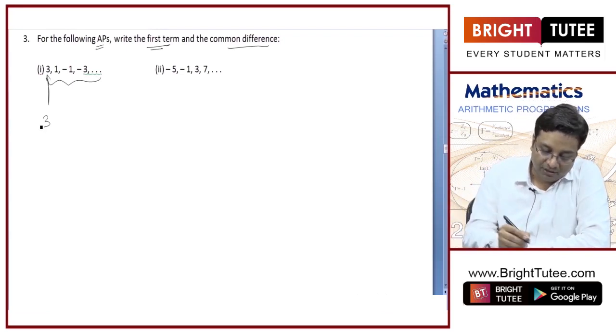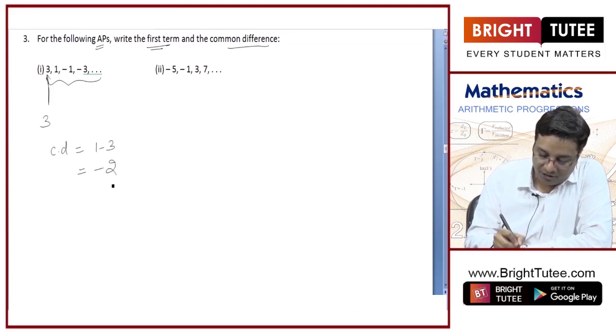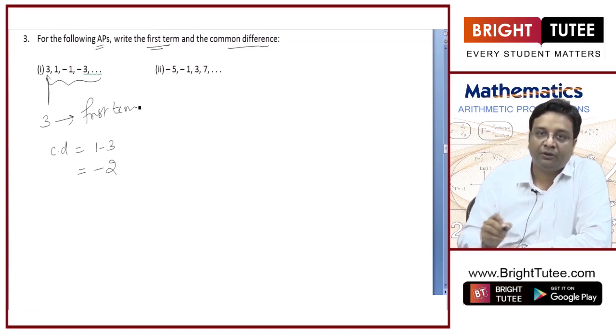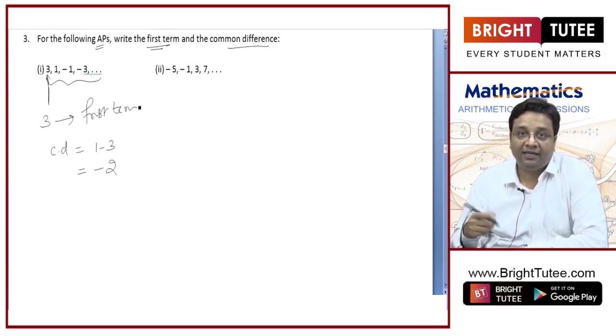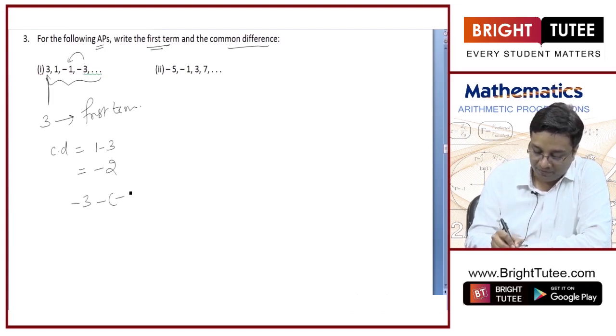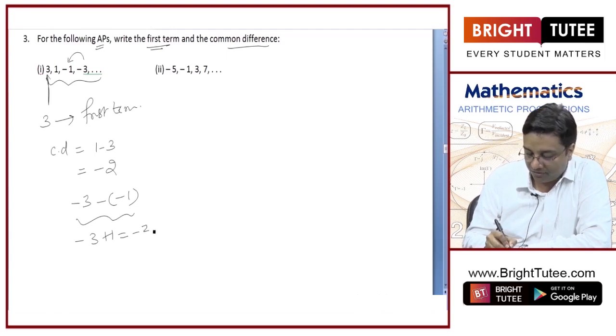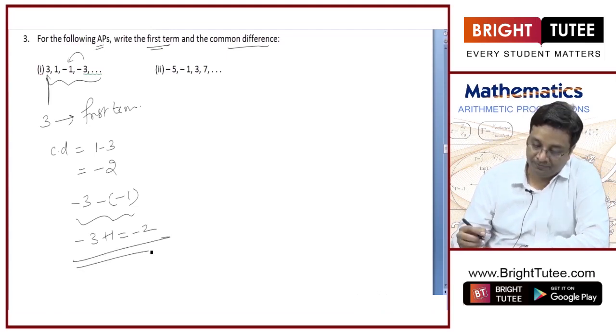Let us say if I subtract 1 minus 3, minus 2 will be the required common difference. And first term is 3. I could have subtracted any other 2 terms also. For example, I could have subtracted minus 3 minus minus 1. This will also give same common difference. Minus 3 plus 1, which is equal to minus 2.